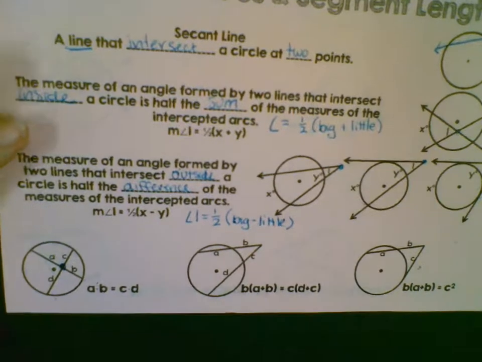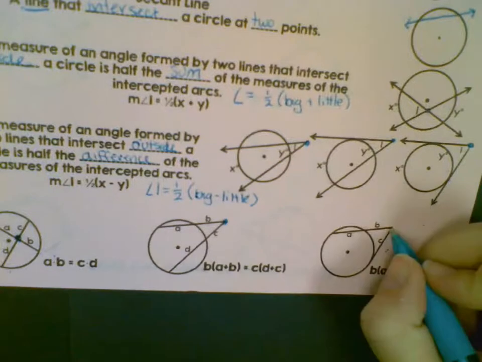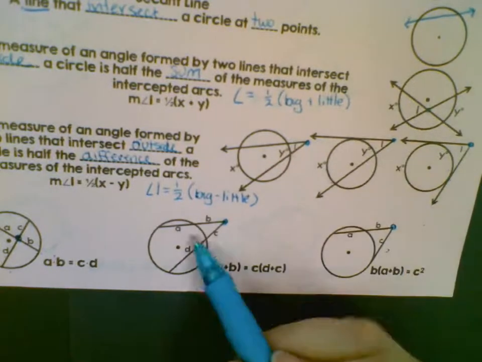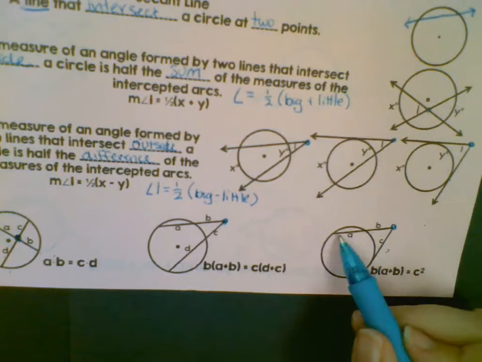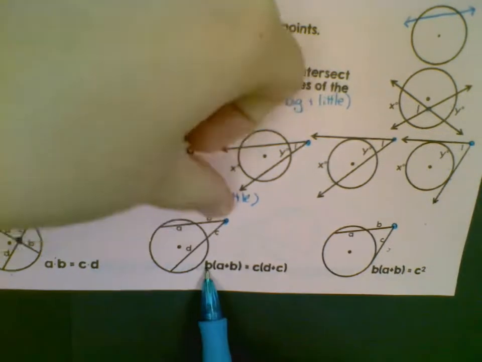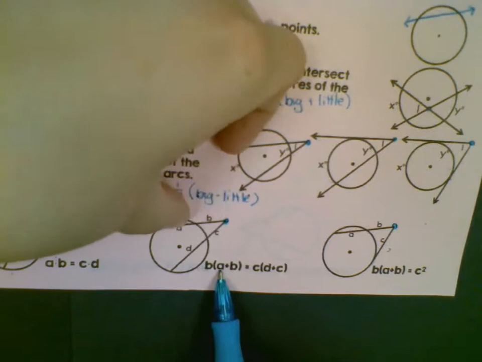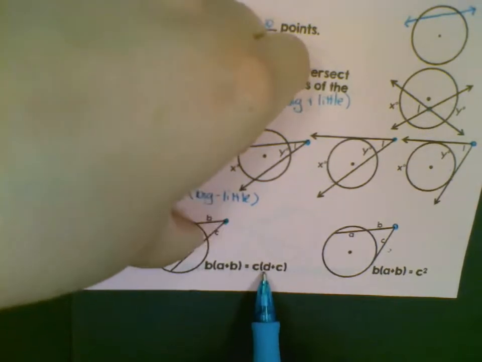For the next two, these have ones that meet outside. These are two secant lines, and this is a secant and a tangent. But the pattern for both of them is the same. It's the outside piece times the inside plus outside equals the outside times the inside plus outside.